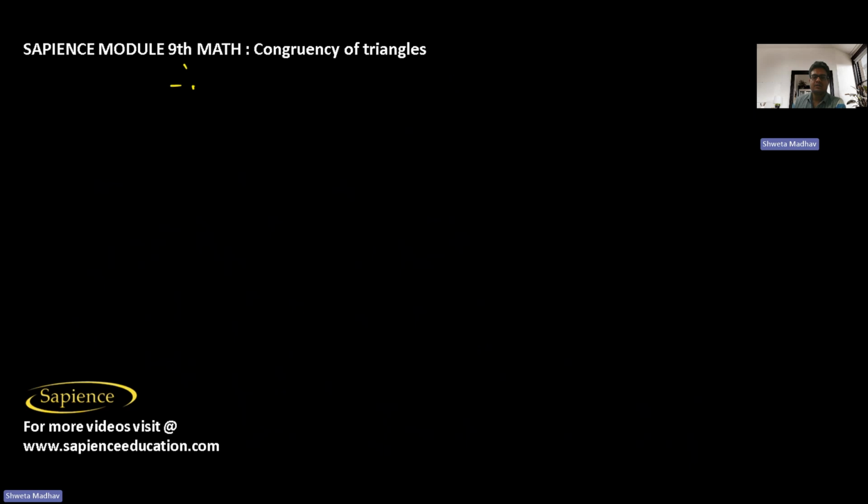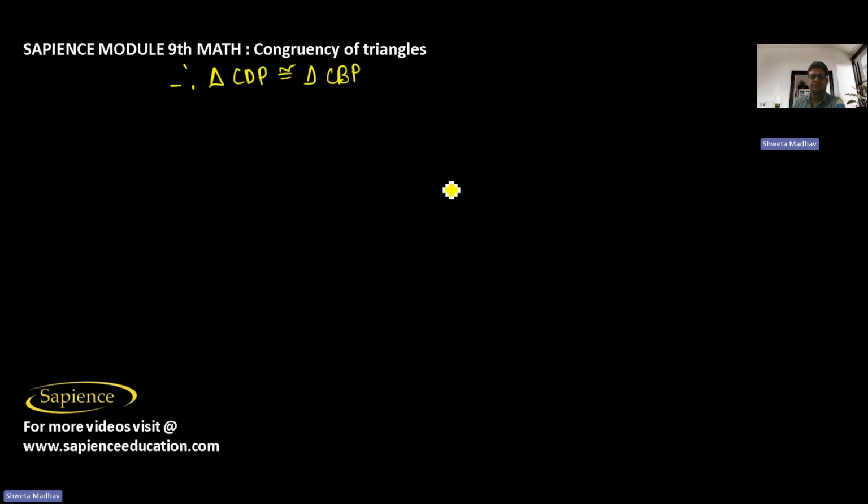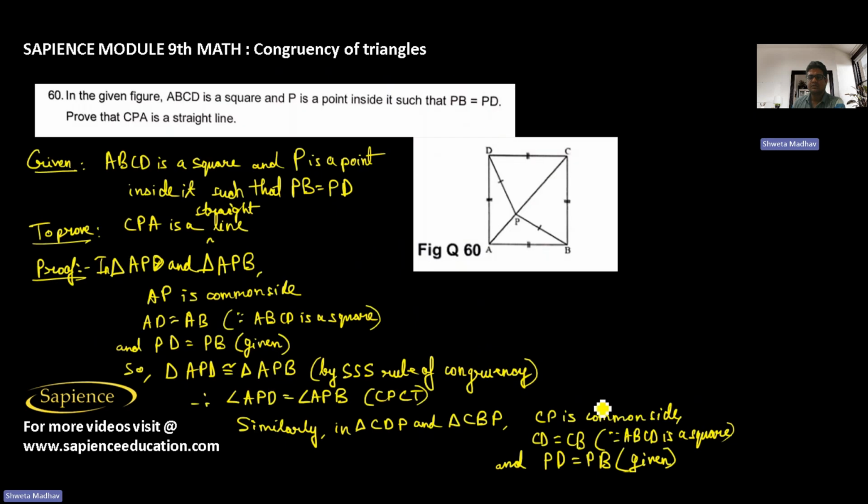So therefore, we can say that triangle CDP is congruent to triangle CBP by the SSS rule, since all three sides in these two triangles are equal.